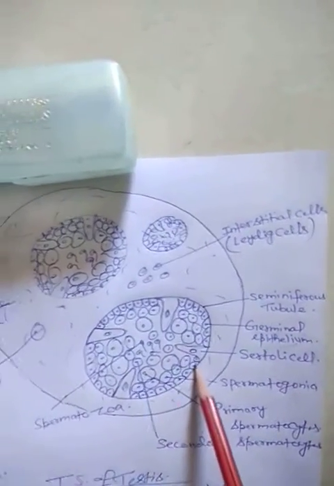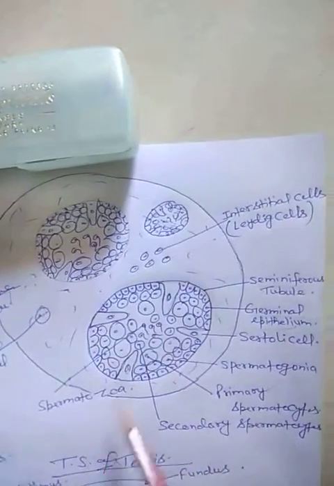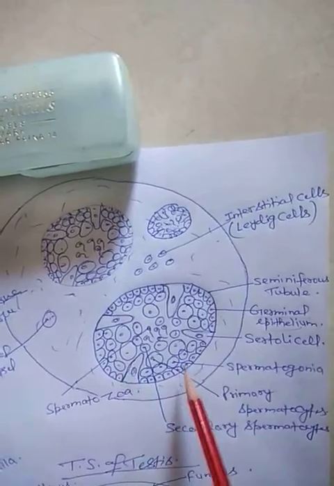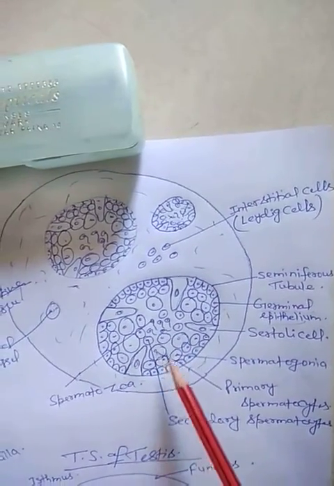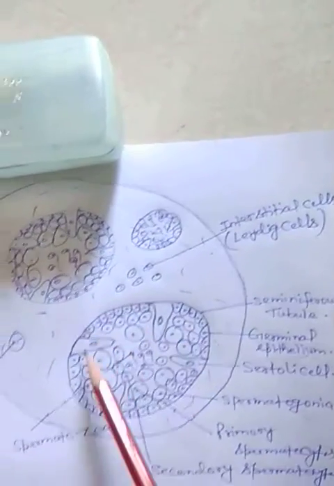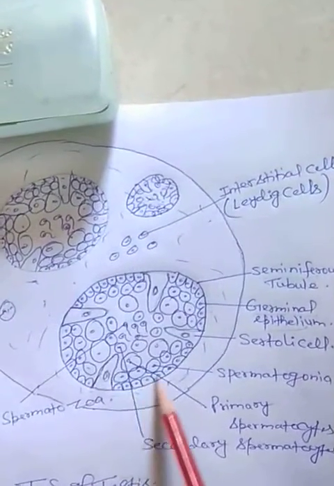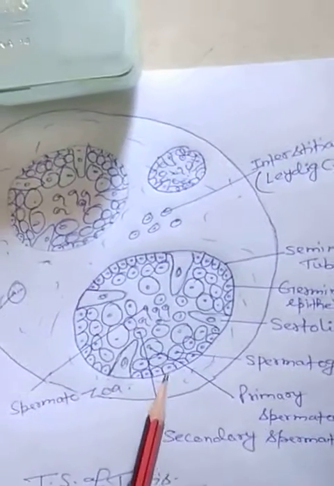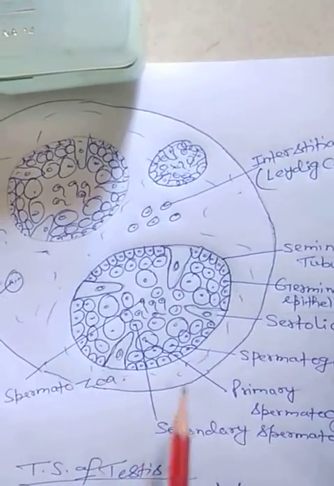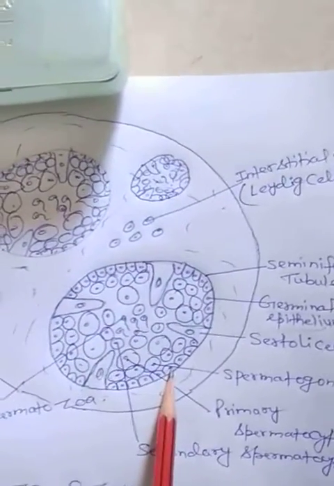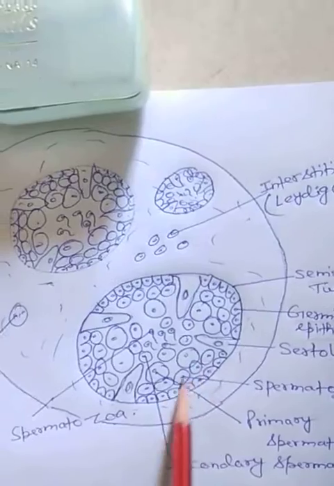Primary germ cells divide to form the spermatozoa, while Sertoli cells provide nourishment to the germ cells or to the spermatozoa during development. During spermatogenesis, these germ cells divide many times by mitotic division to form many spermatogonia.